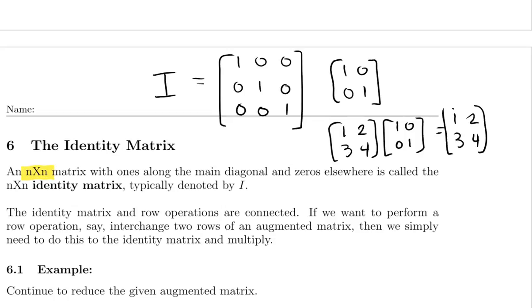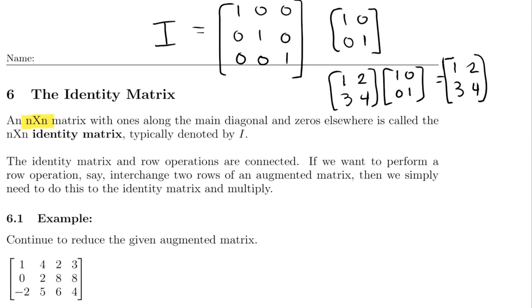The other thing to note about the identity matrix is it doesn't matter which side you multiply on. So if we did 1, 2, 3, 4 times the identity matrix, or if we swapped the order and did the identity matrix times 1, 2, 3, 4, we still would get the same result. So the identity matrix is like 1 for matrices, but it has to be a square matrix.